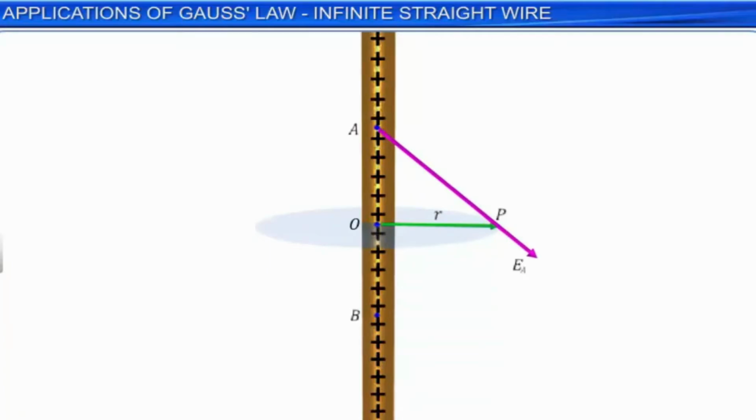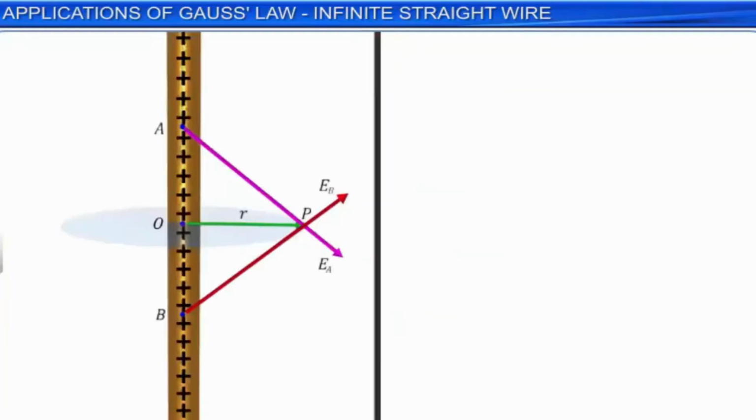Similarly, the electric field at P due to the element at B, EB, acts along BP. As the two elements, A and B, are equidistant from O, they are also equidistant from P. Thus, the magnitudes of the electric field strengths due to A and B at P are equal.